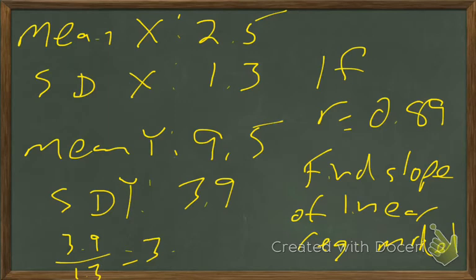We multiply that by 0.89, and in a standard calculator on my computer, 3 times 0.89 gives us 2.67. So our slope is 2.67.